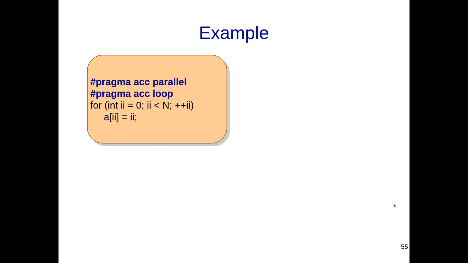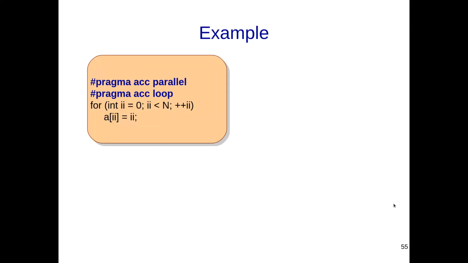That doesn't mean that the for loop is going to get executed in parallel and the loop's iterations distributed. It means that each thread is going to run one instance of this for loop. And this a[i] is by default shared, and therefore different threads will run this for loop. In this case, we have not specified the number of gangs, but assuming that the number of gangs is 10, there will be 10 instances of this for loop, each with n iterations, running in parallel.